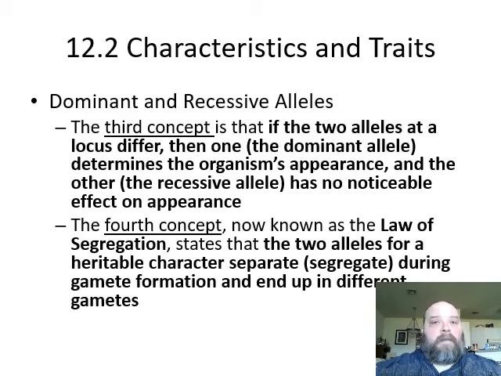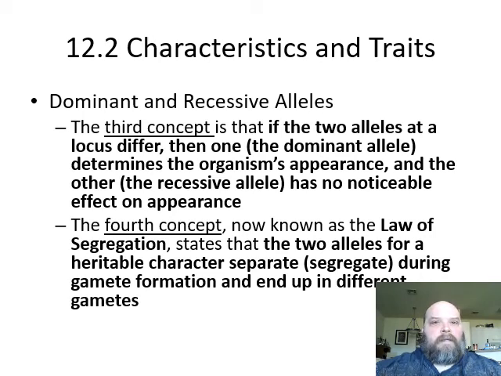Remember, this is Mendel back in the mid 1800s. Still don't know DNA, still don't know chromosomes, all of that. So he was saying that all gametes get only one copy, one trait for every characteristic, every character.